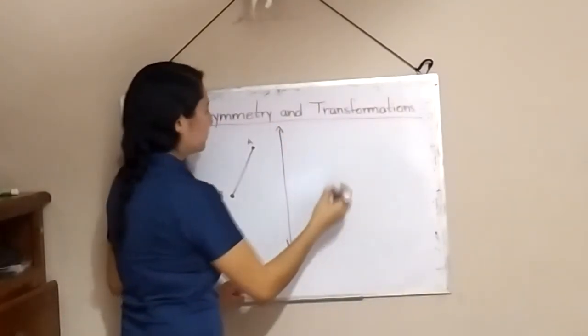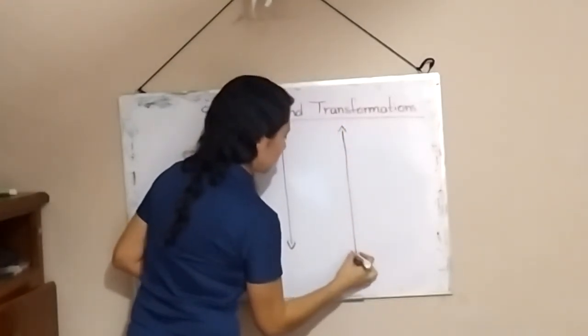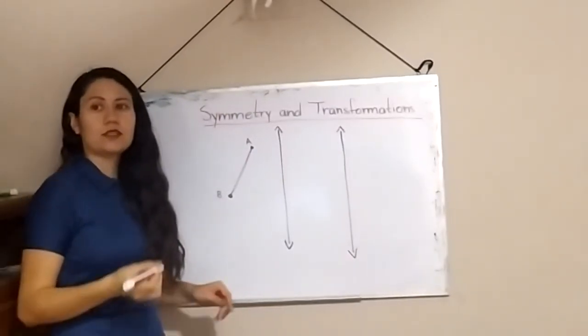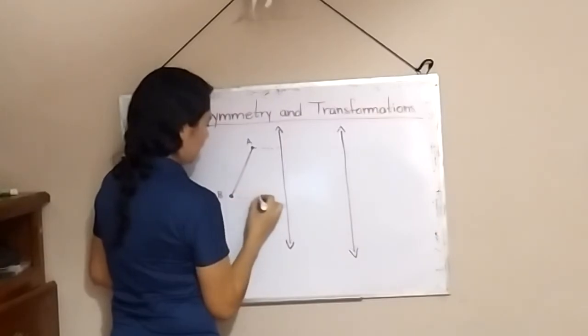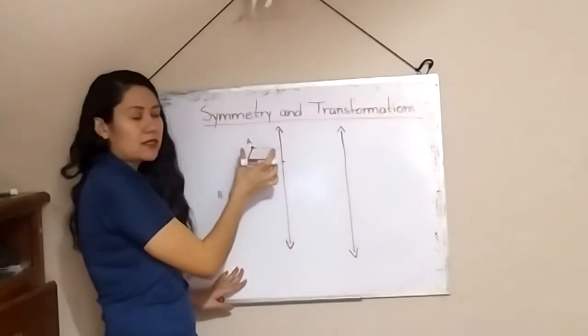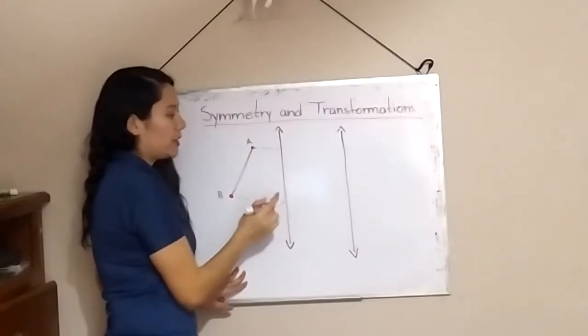This is one, and this is two. So we are going to do our first reflection, having the same distance from point A to the line and from point B to the line.